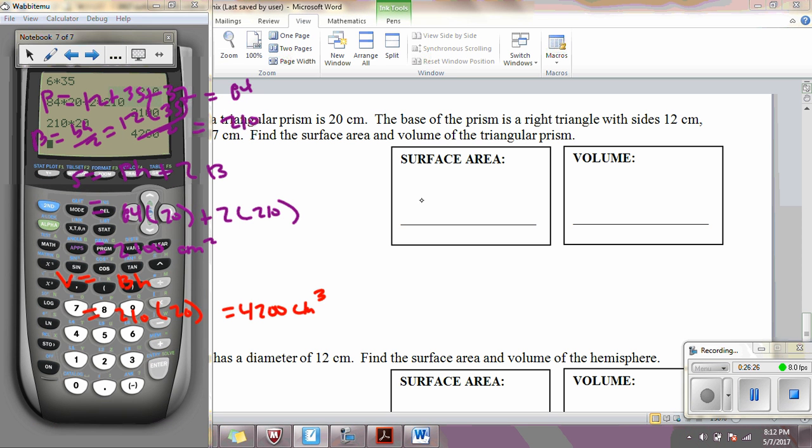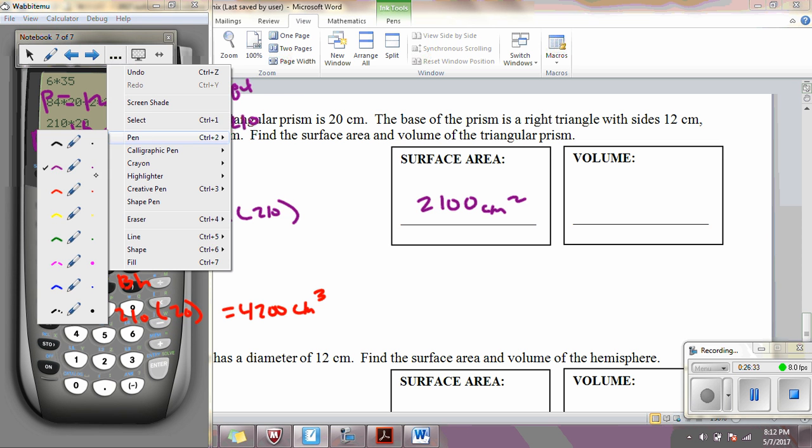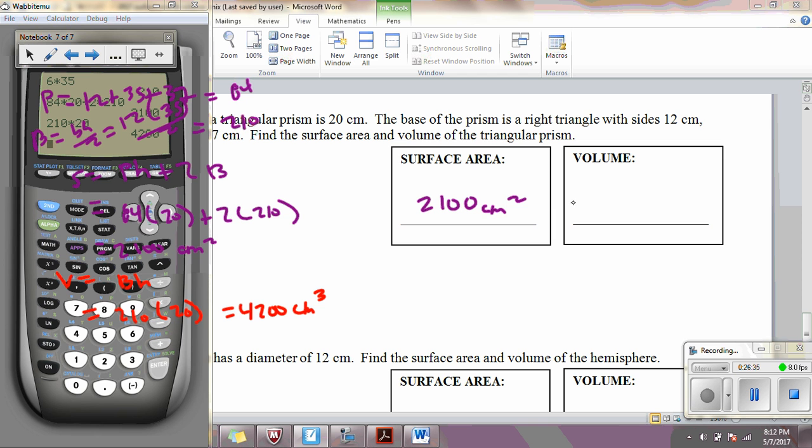So the surface area was 2,100 centimeters squared, and the volume was 4,200 centimeters cubed.